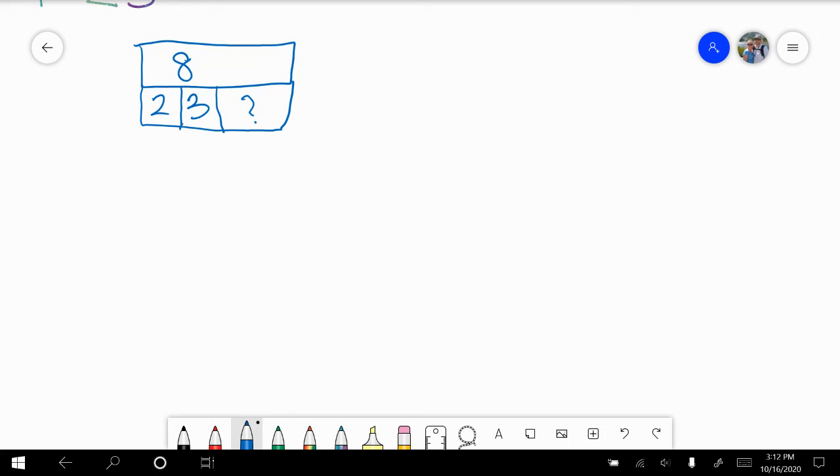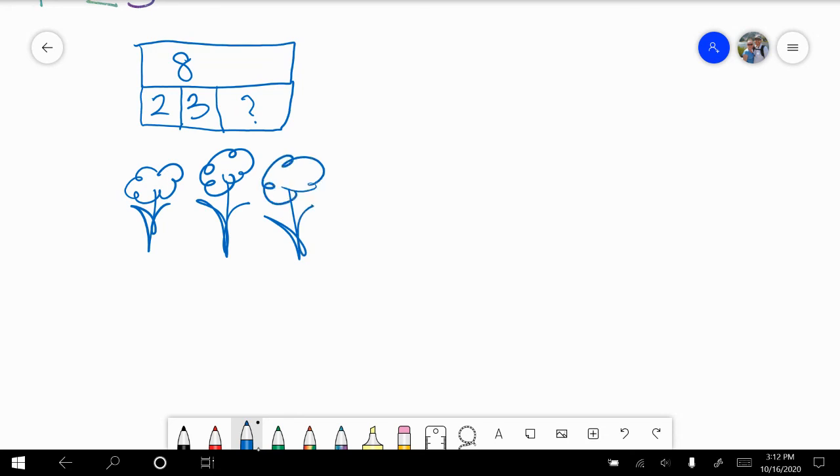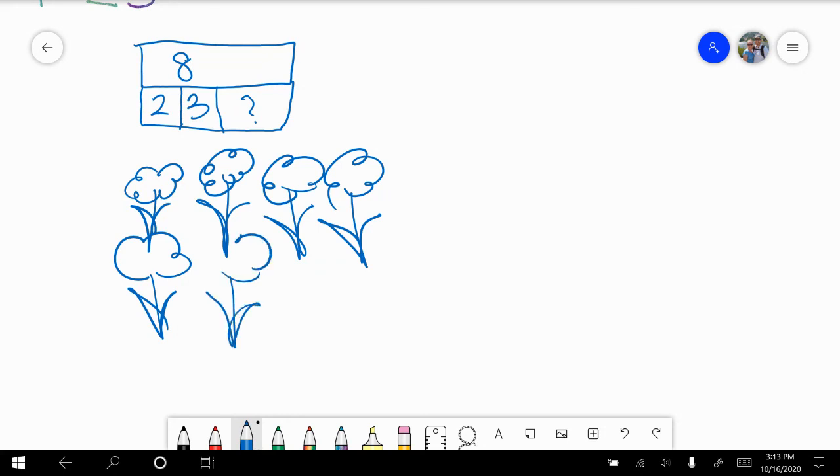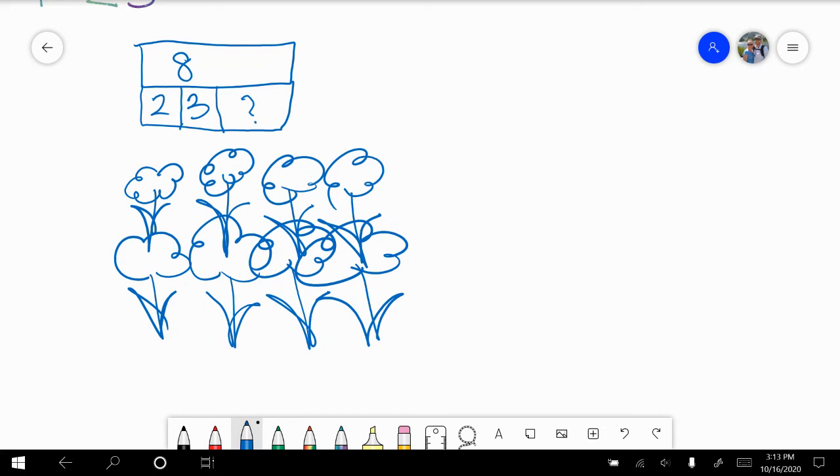So I have 8 flowers. 1 flower, 2, 3, 4, 5, 6, 7, 8.